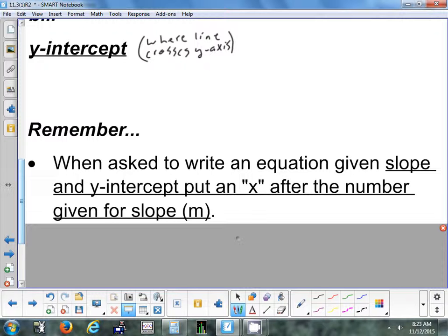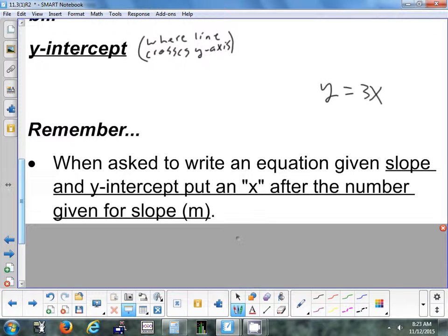Let's say I said to you, write an equation of a line that has a slope of 3. You can't just write 3. You have to put an x after the number that's given for the slope. So that'd be an equation with a slope of 3. Put an x after the slope.